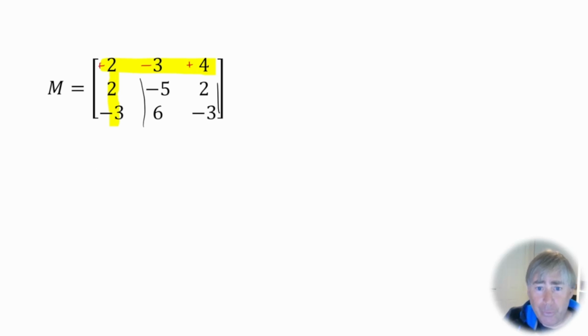So off we go. First of all, I'm going to multiply by positive 2. Just for completeness, I'm going to put the sign in front, and I'm going to multiply that by the determinant of this matrix. So it's going to be -5 times -3, and then I'm going to subtract 6 times 2.